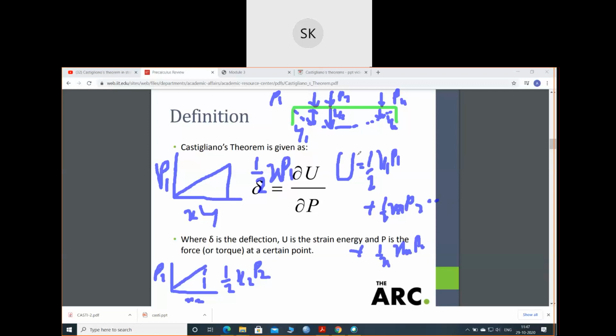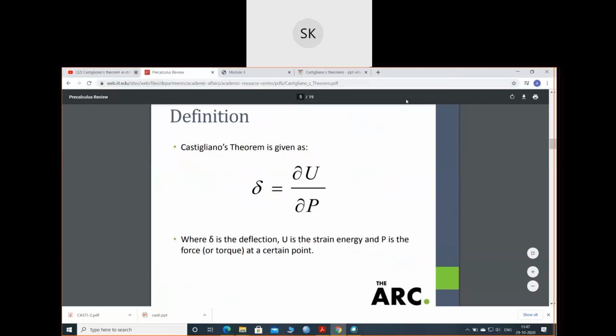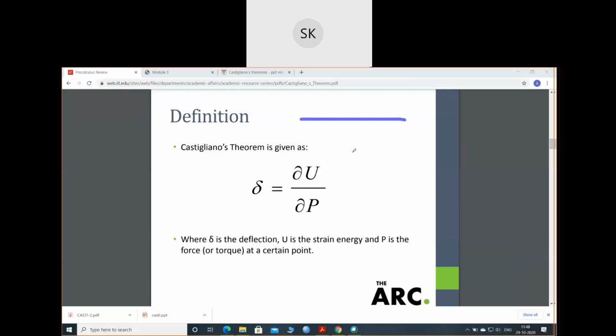So this strain energy is the sum of all the areas of these triangles. That means in the simplest way, it will be the summation of all the energies on that beam due to those loads.